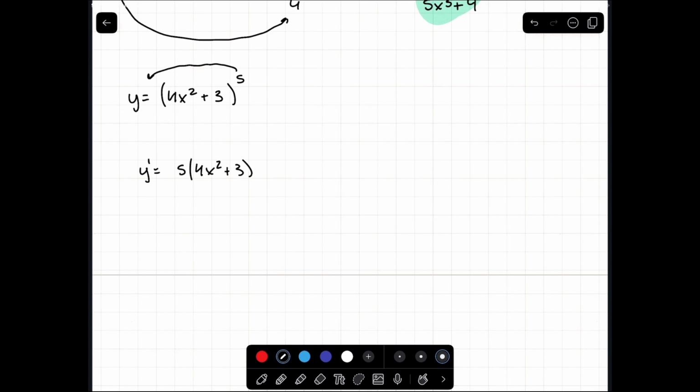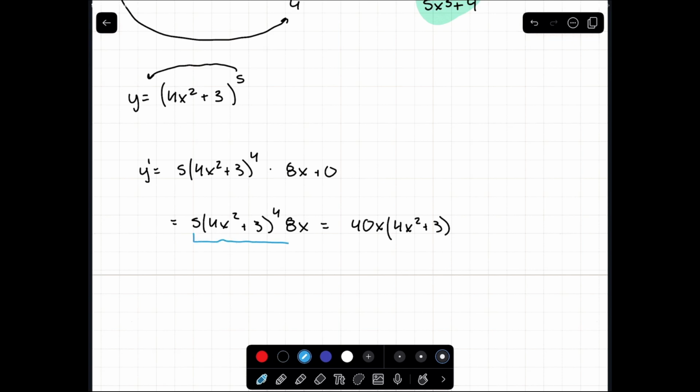The inner is going to stay the same for now. Now we're going to take the derivative of the inner function. We can simplify this more to 40x times 4x squared plus 3, and I just got that by multiplying this 5 by this 8x.